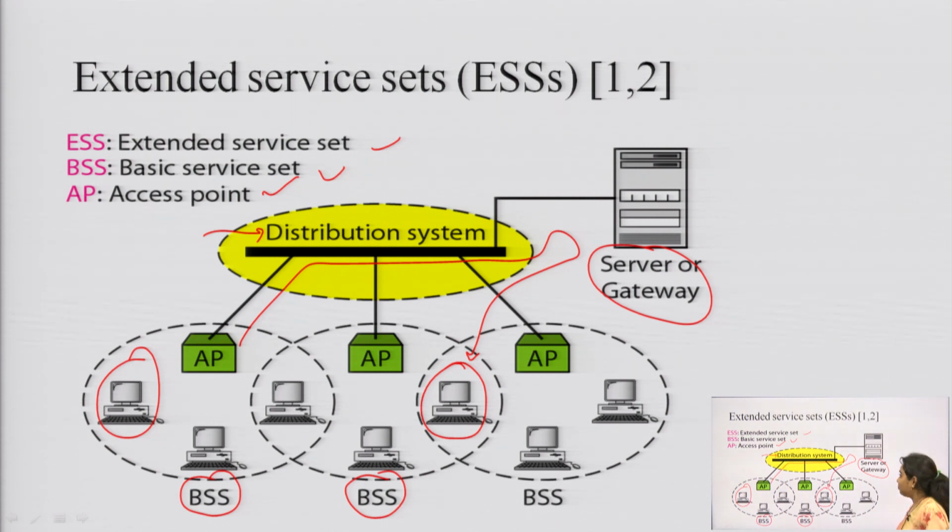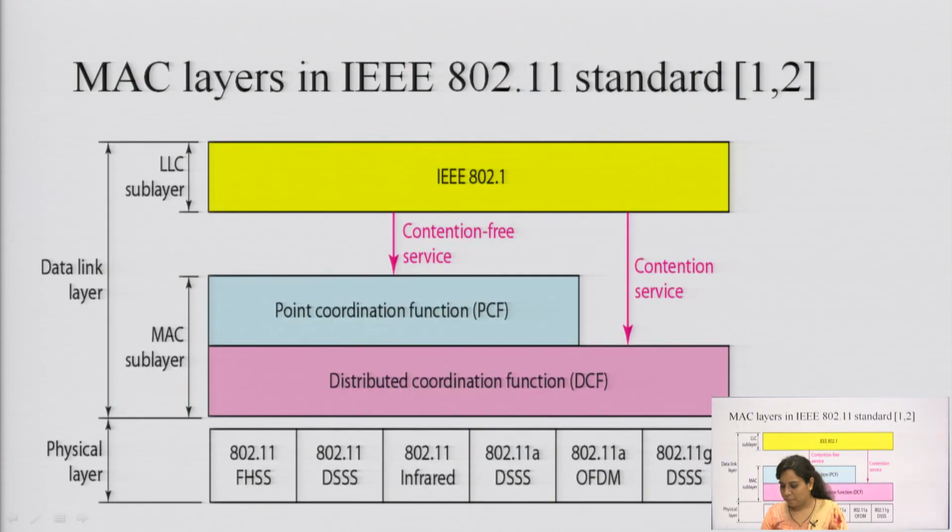So, there is a security issue, and this is the extended service set, meaning a larger number of devices are connected in this network. This is the server or the gateway, and this is the distribution system, which is an intermediate that connects these different BSS through this gateway system. So, this is the extended version of BSS.